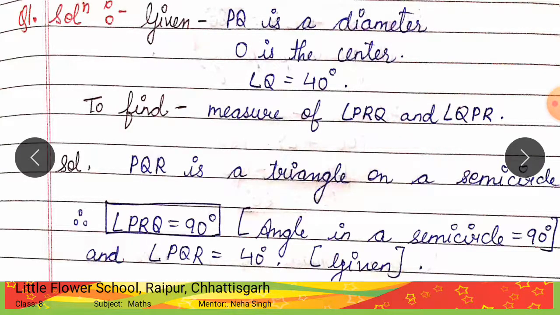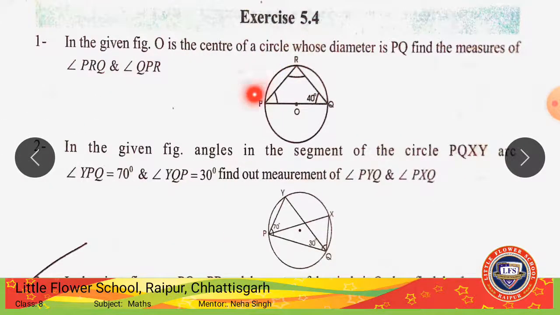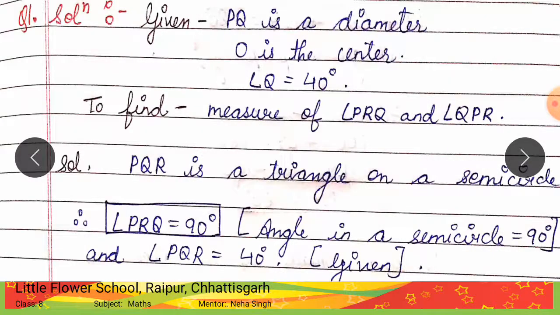PRQ and QPR angle. As I have told, PQR is a triangle on a semicircle, so the angle PRQ will be 90 degree because this is the semicircle, and the angle formed on the semicircle is always 90 degree.